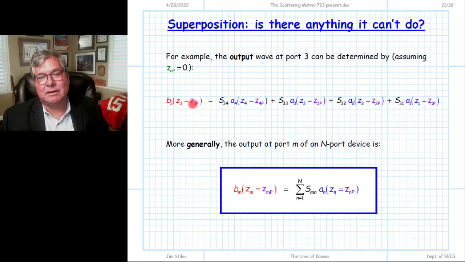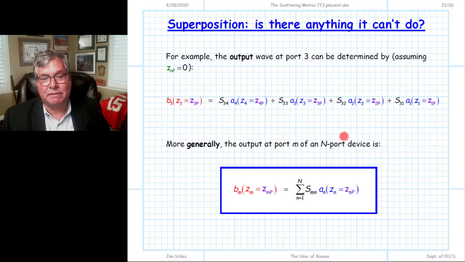We evaluate the normalized wave function B at port 3, at the port 3 location, and we get a complex number. If we know the scattering parameters of that multi-port device, if we know, for example, S31, S32, S33, and S34, we can determine how much of this exiting wave is due to, for example, the incident wave at port 4 or port 3 or 2 or 1.